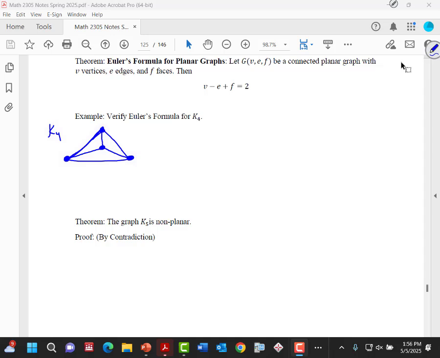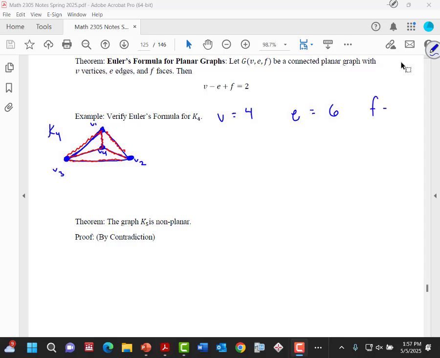So, how many vertices in the vertex set? This was V1, V2, V3, V4. How many edges E in the edge set? That's 1, 2, 3, 4, 5, 6. 6 edges in the edge set.